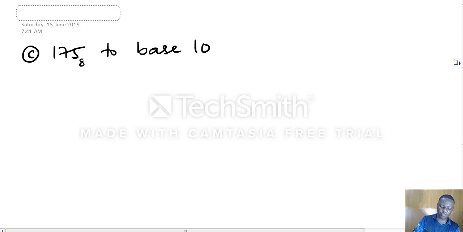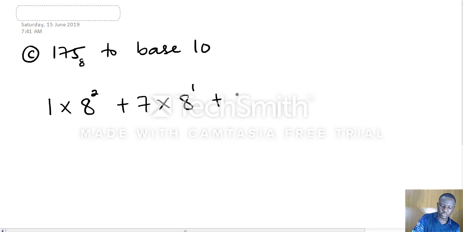Remember, in our previous class, in SS1, you were told that this can be represented as 1 times 8 raised to the power of 2 plus 7 times 8 raised to the power of 1 plus 5 times 8 raised to the power of 0.